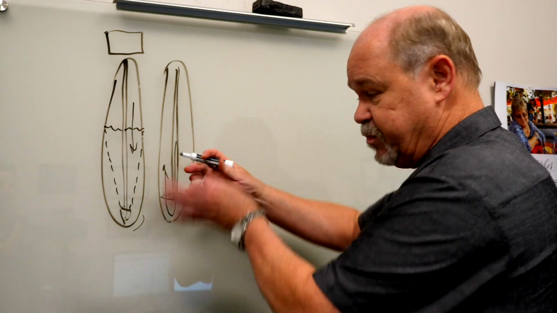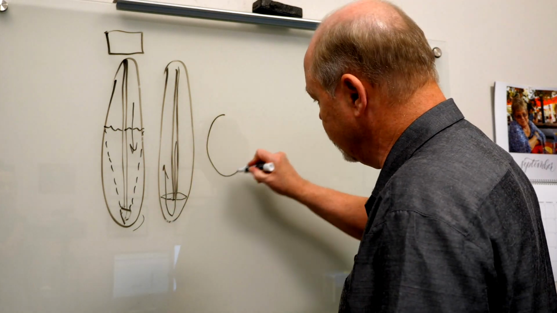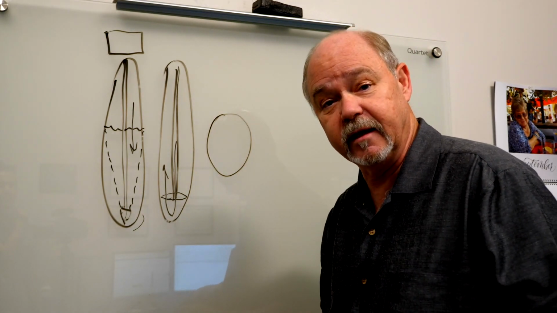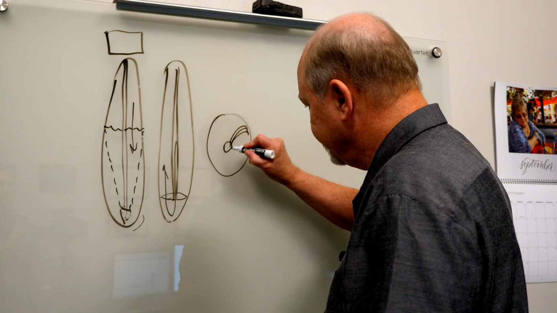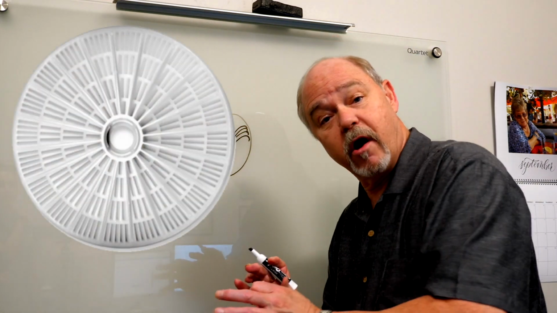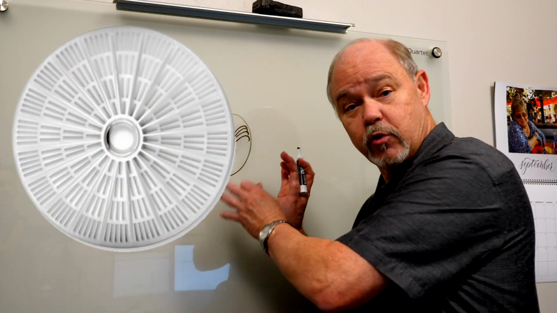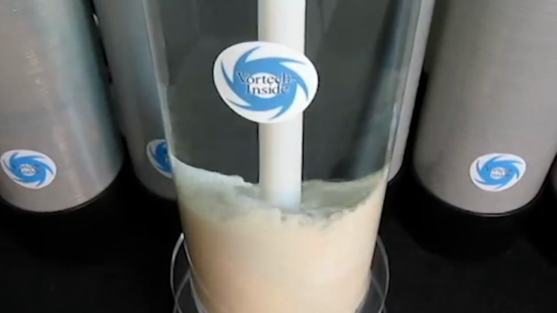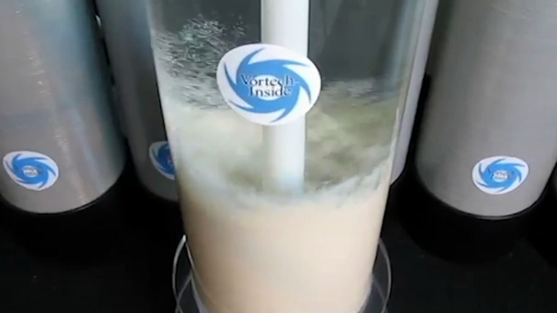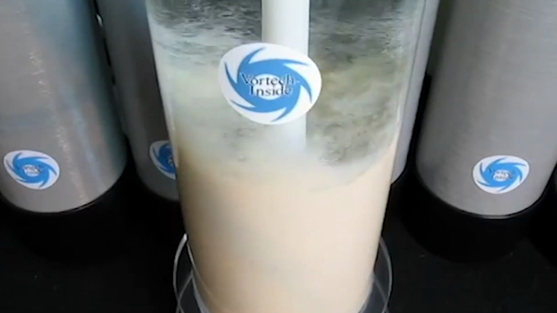Well, if we tip this plate up on its side, it's going to look kind of like a fan blade. And the fan blades are really fine. And what happens is as the water flows up through that vortex plate, the water starts moving in a motion. And it moves this media all the time it's in service.